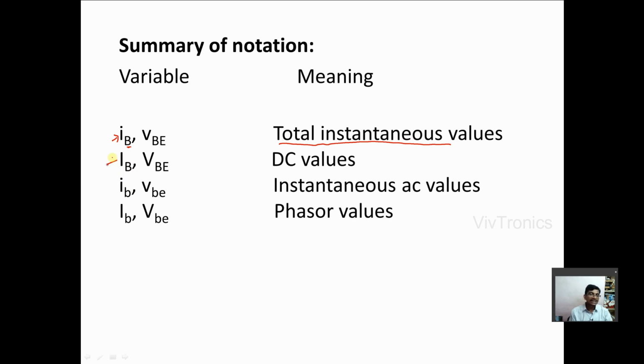And if the main notation is a capital letter and the suffix is a small letter, this notation is used for phasor values.